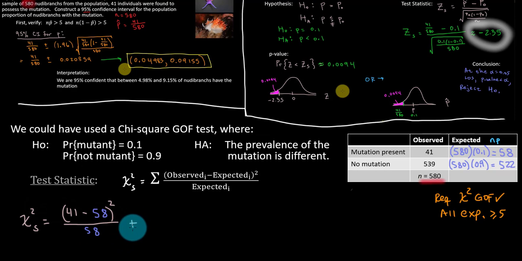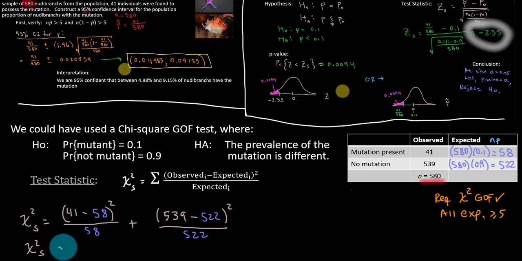The next term, the number observed without the mutation, was 539. We subtract the expected number, 522, and divide by 522. This results in a chi-square test statistic of about 5.536398. Why not hold on to all of those?